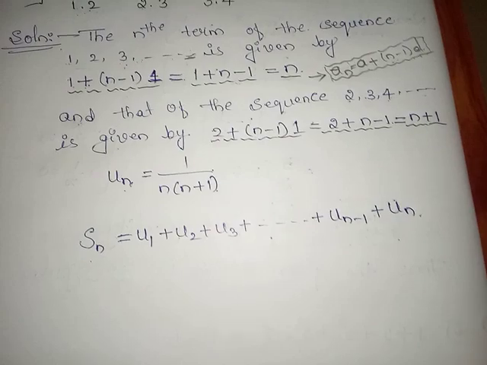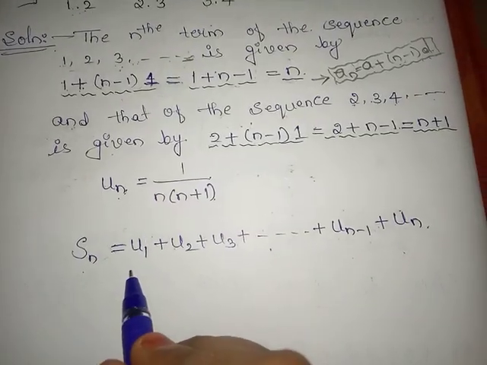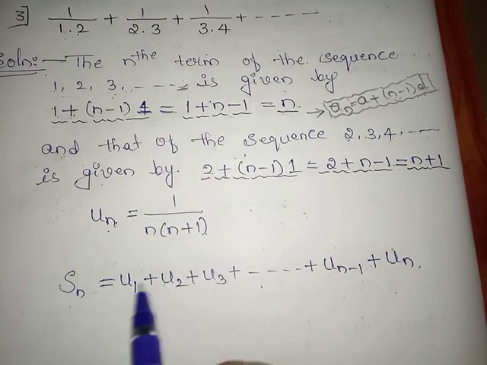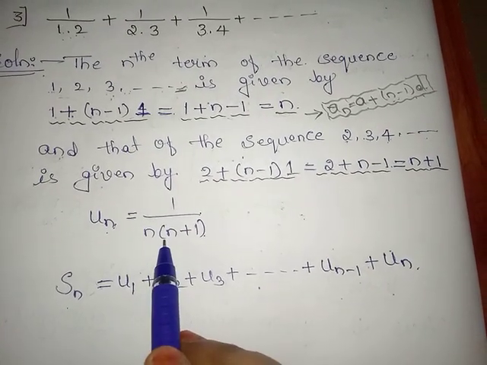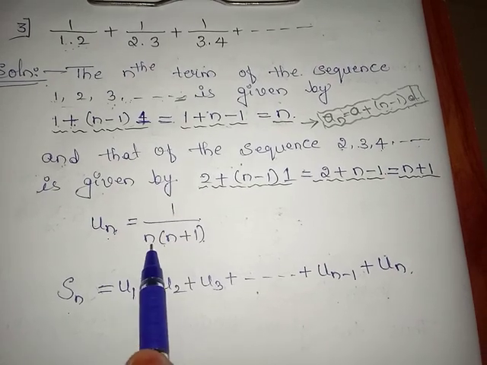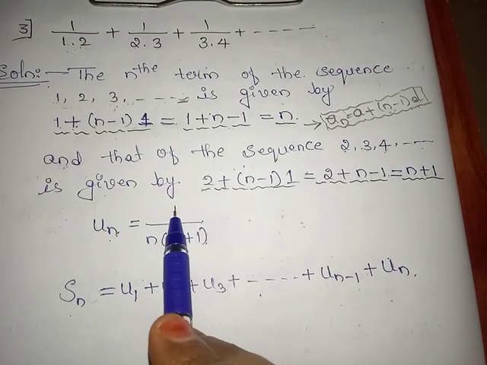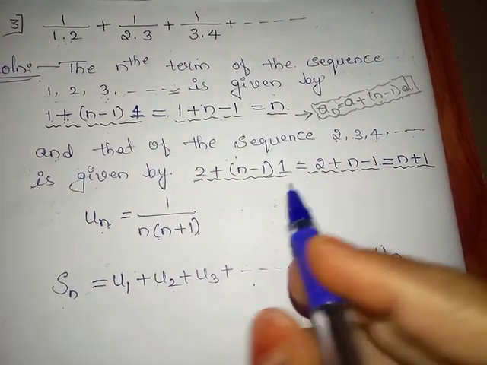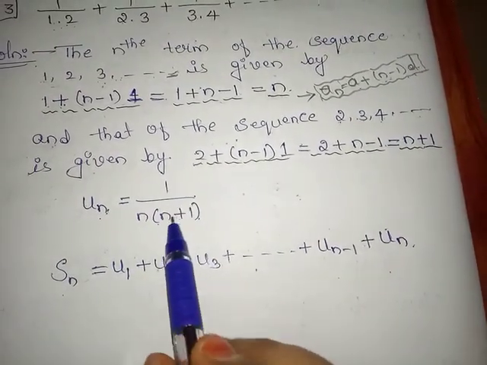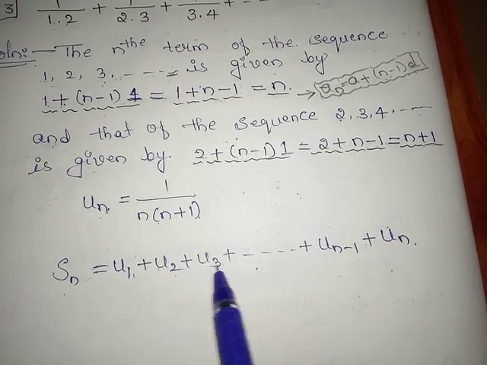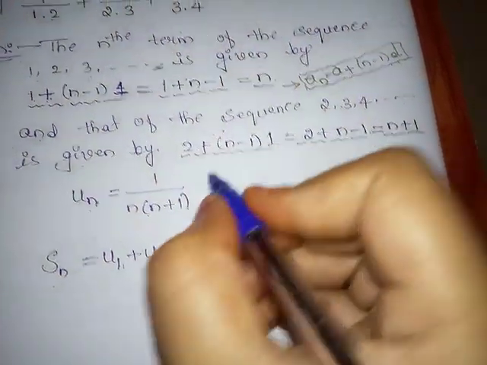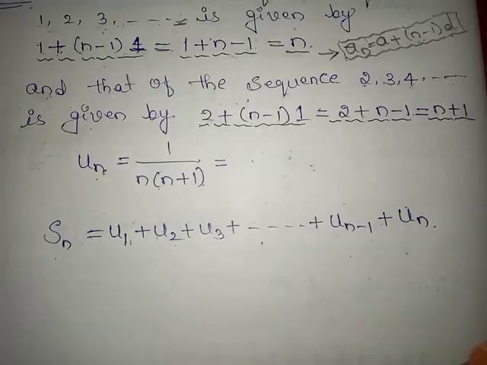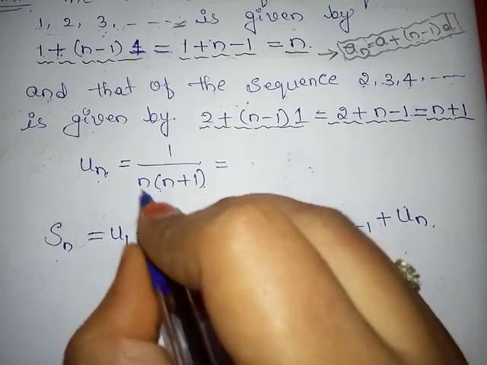Now to cross check, just substitute n as 1 here. What you will get? 1 divided by 1 into 2, and for second term 1 divided by 2 into 3. But before substituting these values 1, 2, 3 in n, first you have to apply the partial fraction method to this term.